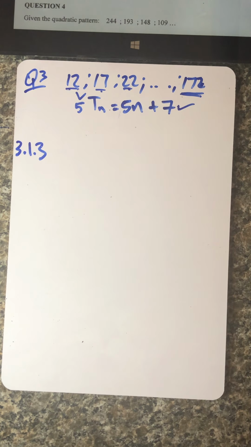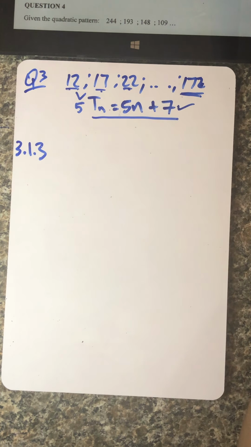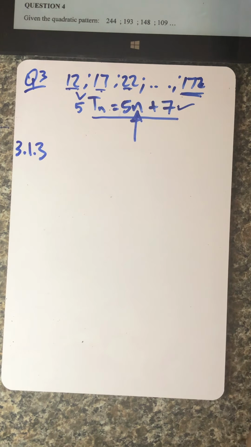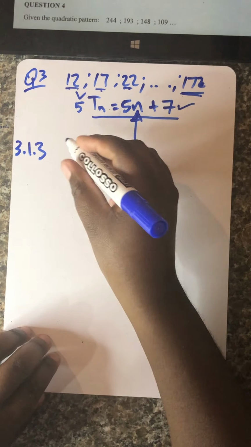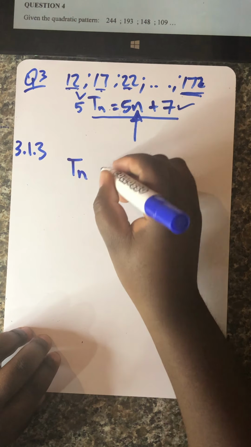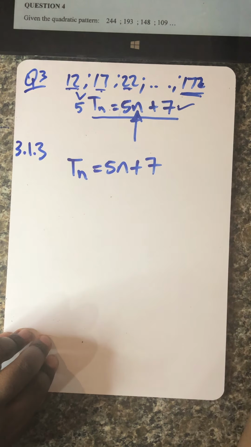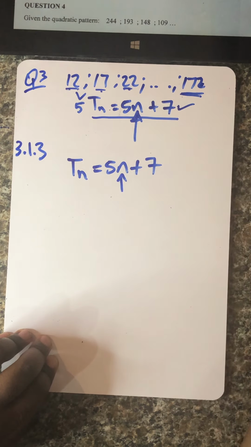On this formula, what they want you to calculate should be that n. Remember the formula is Tn equals 5n plus 7. So now they want you to calculate that n.